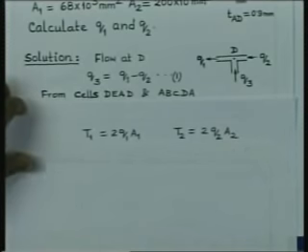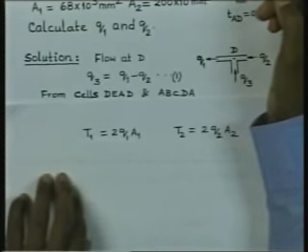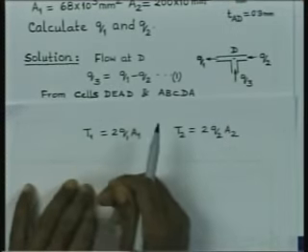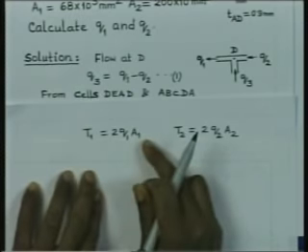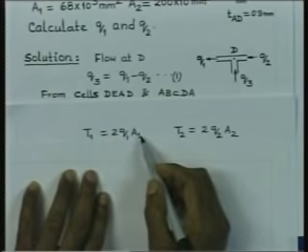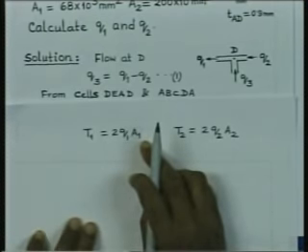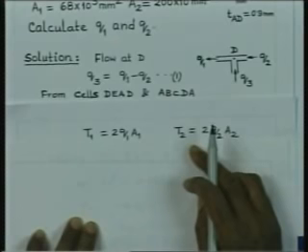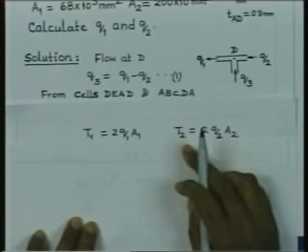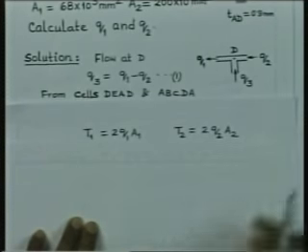For the first cell, the torque taken by cell 1 is given directly by the Bredt-Bethe formula: T1 is equal to 2 Q1 into A1, where A1 is the area enclosed by the cell DAD. Similarly, the torque taken by the second cell ABCDA is T2 equal to 2 times Q2 into A2, wherein Q2 is the flow in the cell and A2 is the area enclosed by the cell.